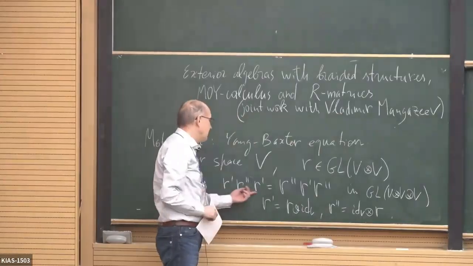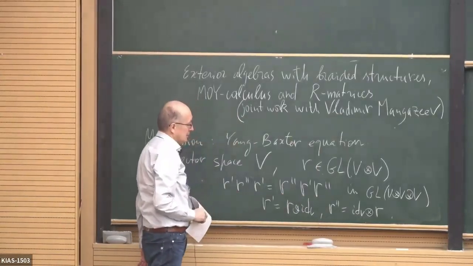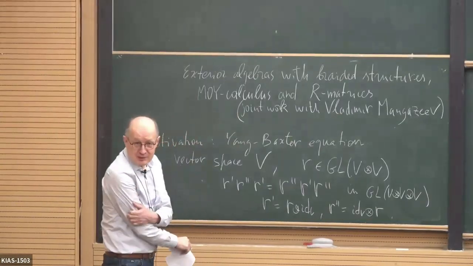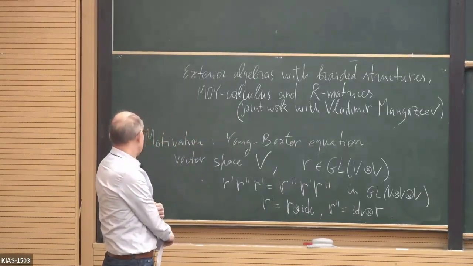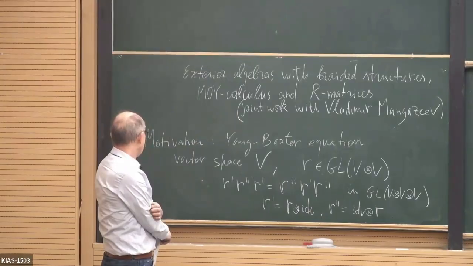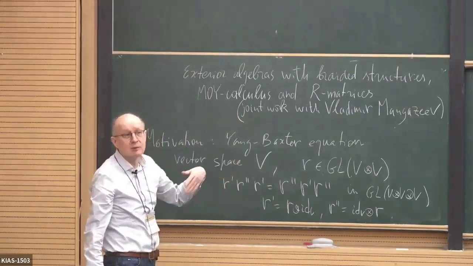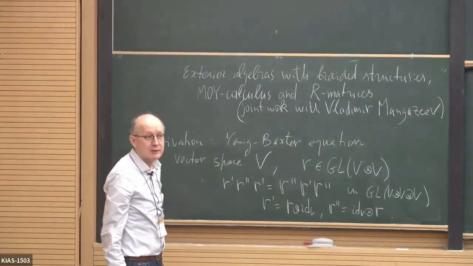So it is a nonlinear equation, and for this reason it is difficult to solve. And if we have such a solution, then we can proceed with the construction of knot invariants.